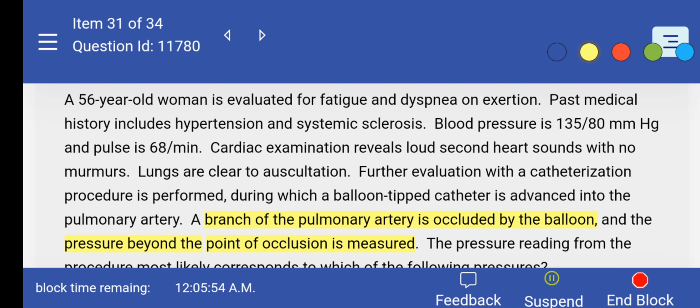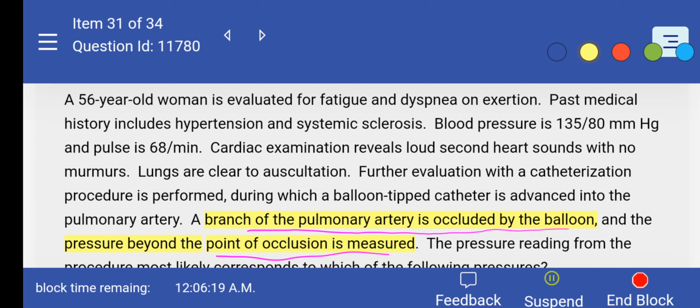Further evaluation with a catheterization procedure is performed, during which a balloon tipped catheter is advanced into the pulmonary artery. A branch of the pulmonary artery is occluded by the balloon, and the pressure beyond the point of occlusion is measured. They are asking about the pressure beyond the occlusion.